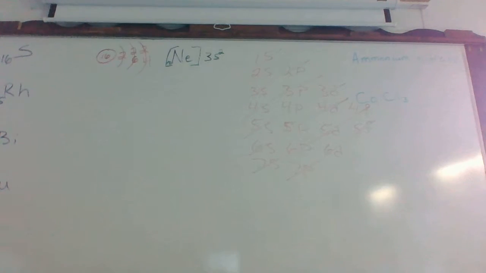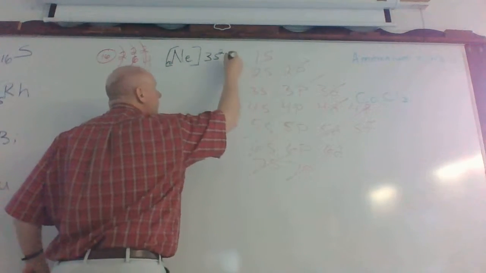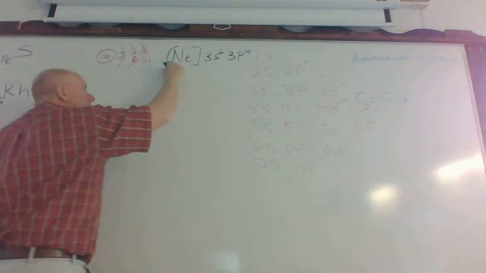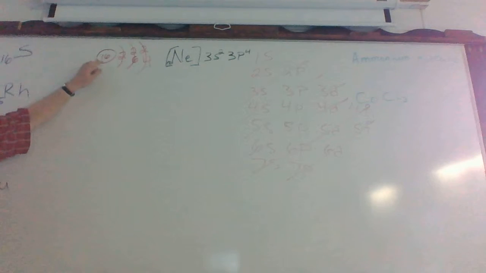In the P block only, sulfur is in which column? The fourth one. So we would put 3p what? So you add these three numbers together, 16. Okay? Now, these get to be a little more difficult the further we go, or the bigger these numbers get. Okay.